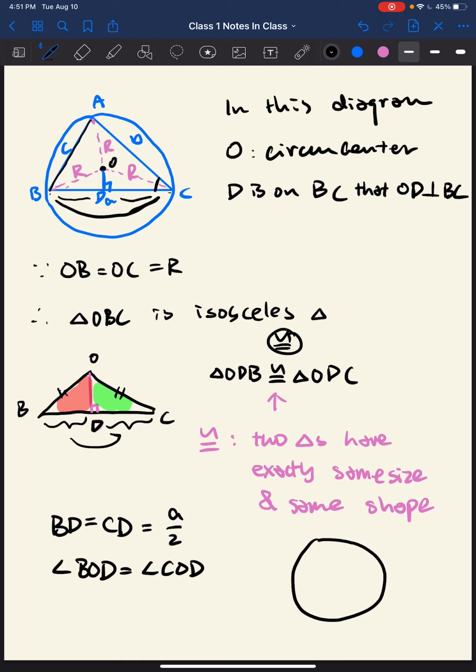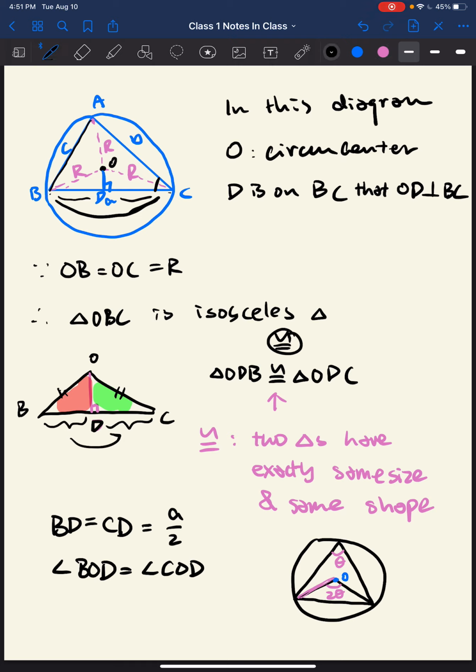If you look in a circle, there's a theorem that says that if this is the center, and these two angles, if this angle equals theta, the angle that's connecting to the center should equal 2 theta.